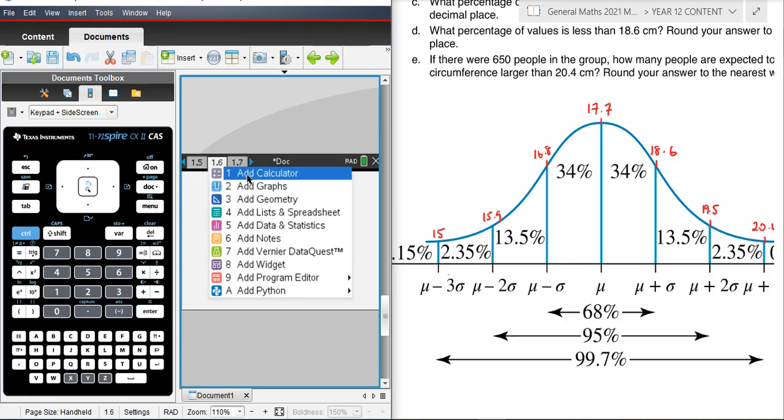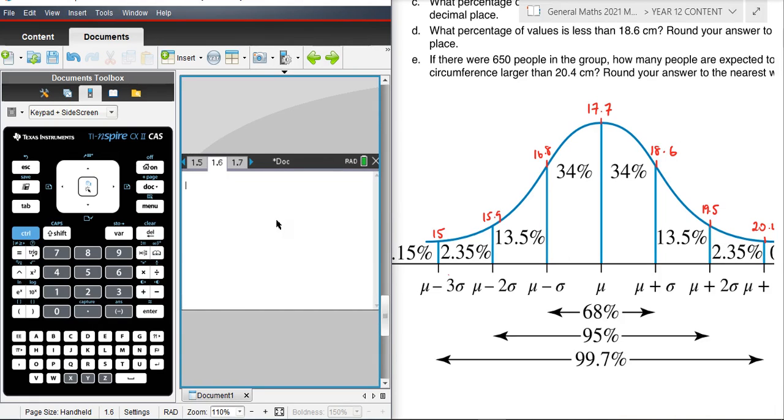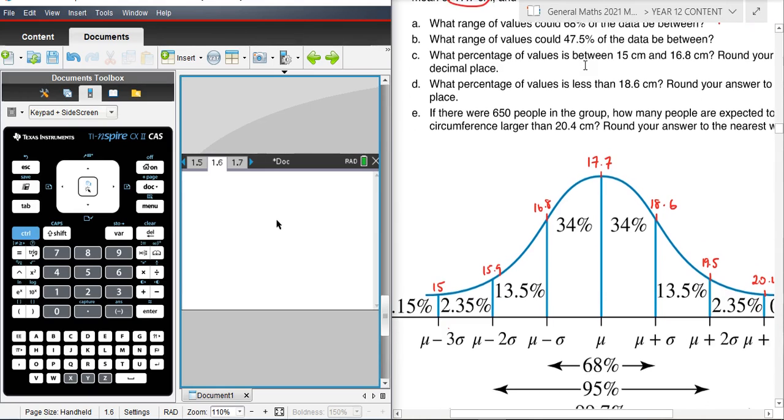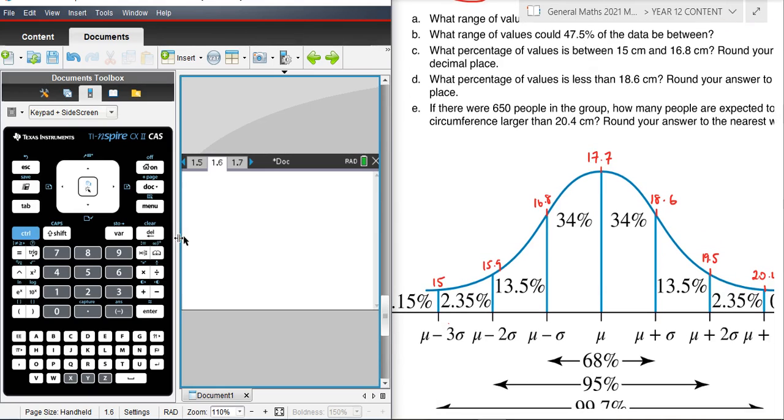So let's add a calculator and figure out where it is. According to this here, there's 34% of my data and 13.5% of the data. Now it's asking for where 47.5% of the data could be. So I'm going to work with this data here and this and possibly this, and add them up. If it adds to 47.5, then that's where that data would lie.